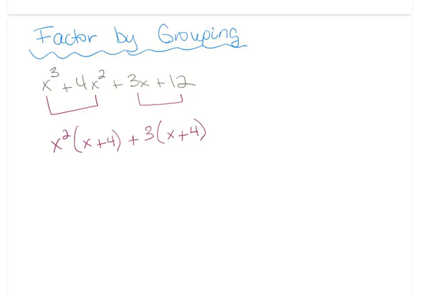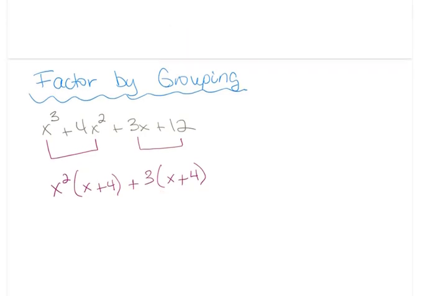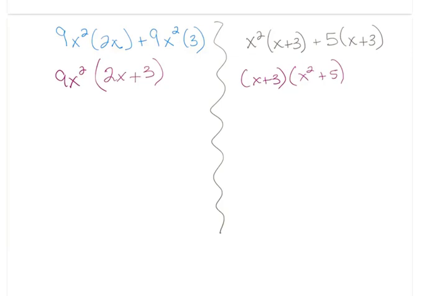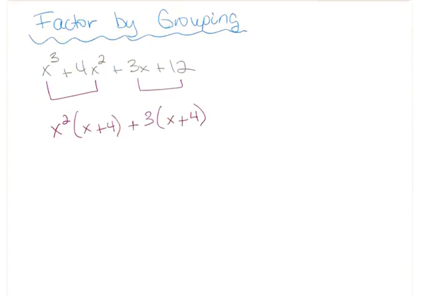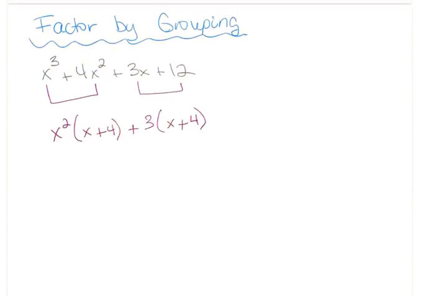And when we're factoring by grouping, our goal is to find another factor that they have in common. So now we're right back to what it looked like up here, right? It has the x plus 4 and the x plus 4 in common. So now we have a factor that's in common of x plus 4 and x plus 4.